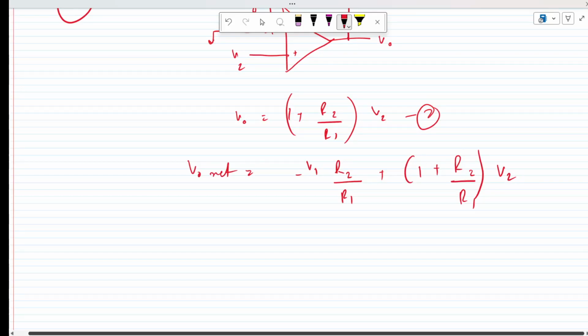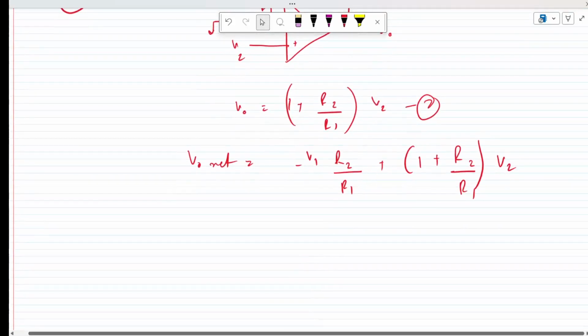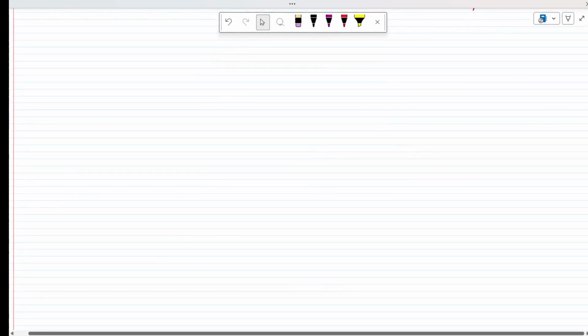But why the name differential amplifier then? What has it got to do with this result? We are going to find out right about now. So let me redraw the diagram of the amplifier with a little bit of new components added. A series of resistances we are going to be adding over there.